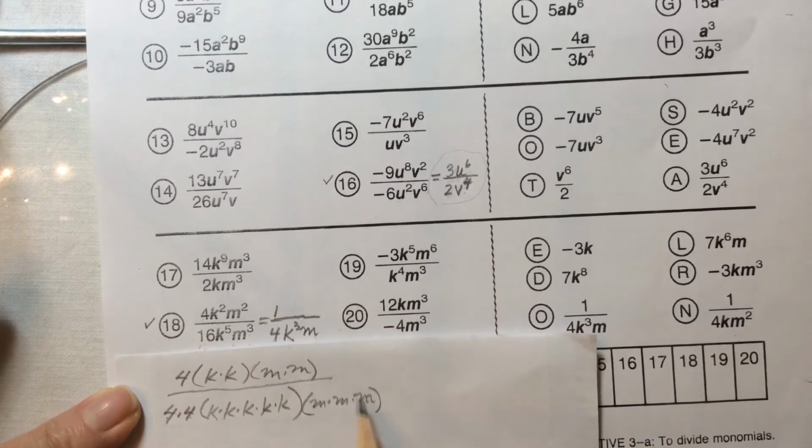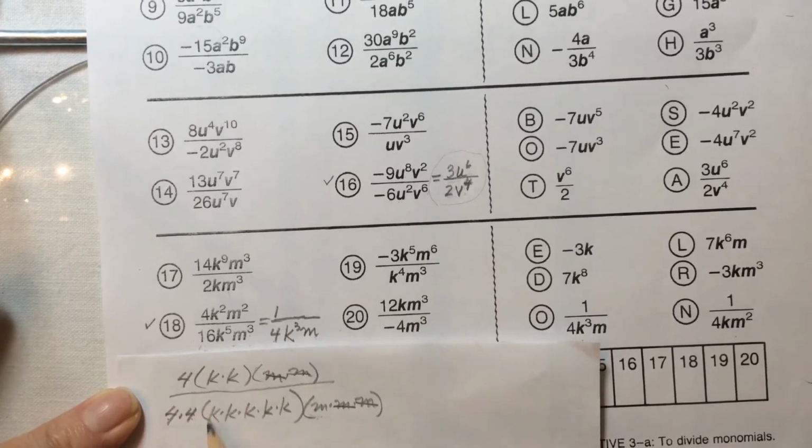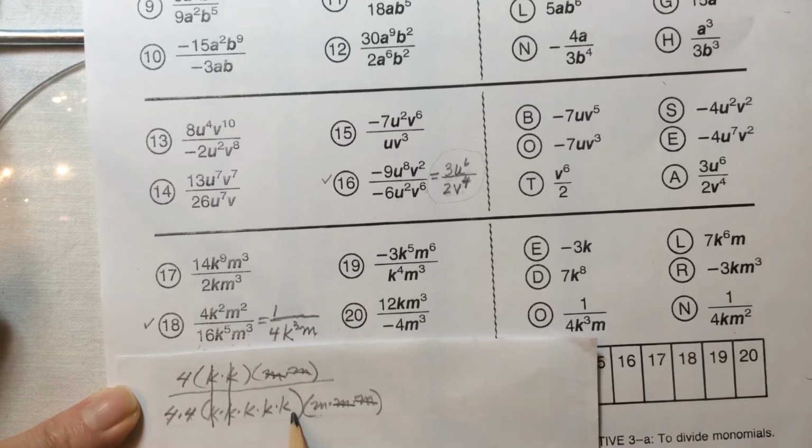All right, if we do a little canceling, we've got m here, m here, m here, and m here. So we've got 1m left on the denominator. And then with the k's, we can cancel here and cancel here. So we've got 3 k's left in the denominator.